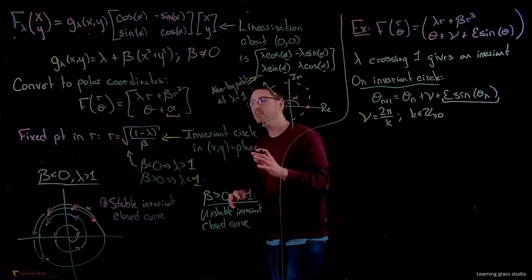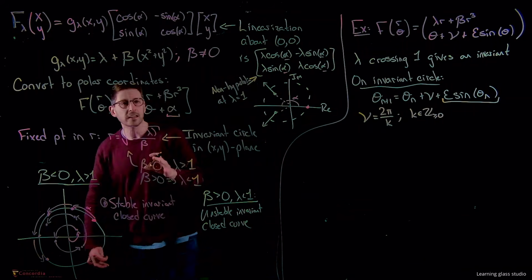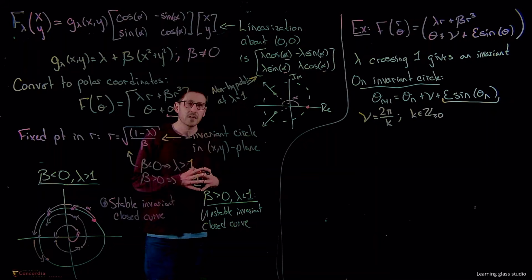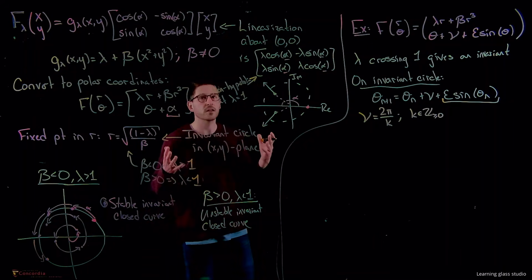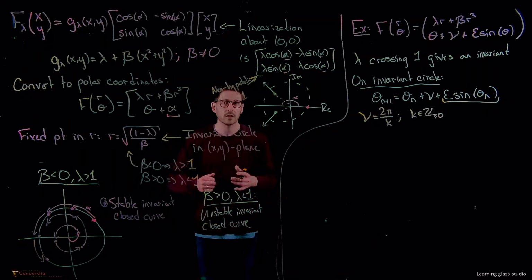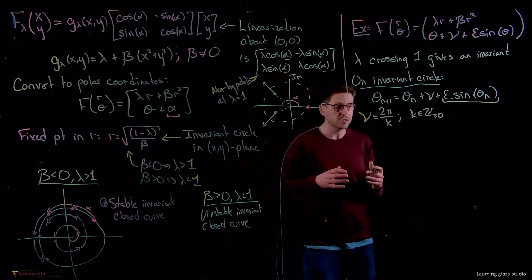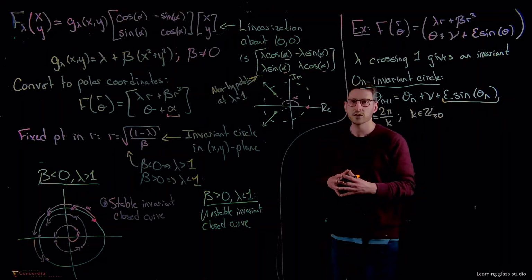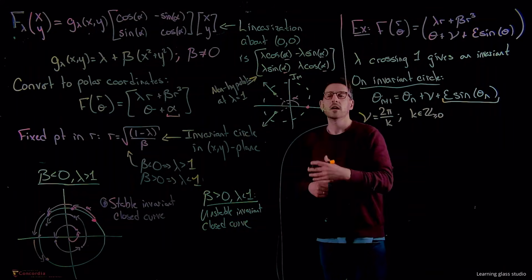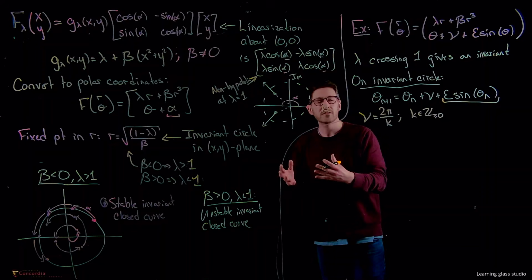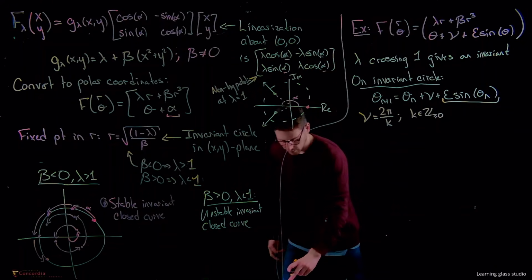But the fact of the matter is here, just like in continuous time dynamical systems, 2D opens up the possibility for another kind of bifurcation, the Hopf bifurcation. Now, in discrete time, we sometimes give it its own name. We call it the Neimark-Sacker bifurcation, just so it's distinguished.